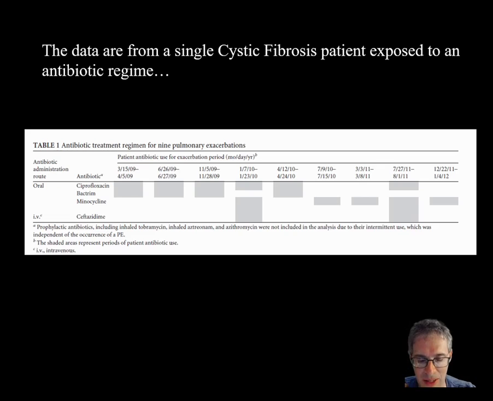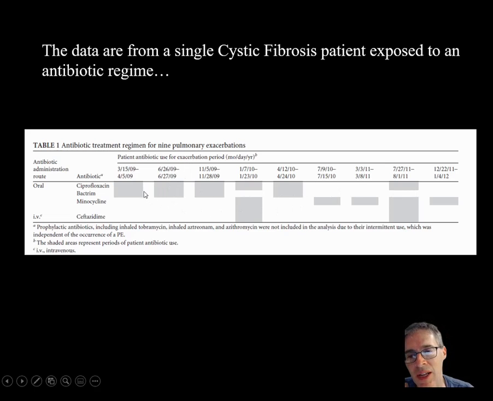Because this chloride channel is defective, it leads to salt imbalances in the lungs, which lead to fluid imbalances. Because of these fluid imbalances, patients with cystic fibrosis have trouble clearing their lungs, and bacterial infections tend to accumulate in the lungs. This patient had repeated exacerbations, which are periods where there's a flare-up of symptoms, and they were treated with antibiotics.